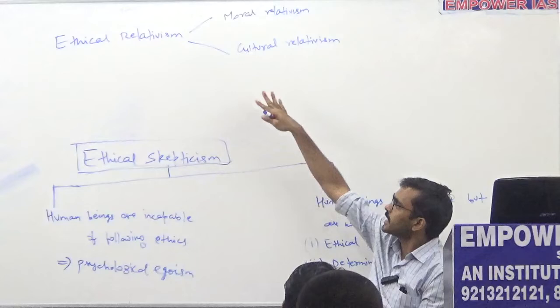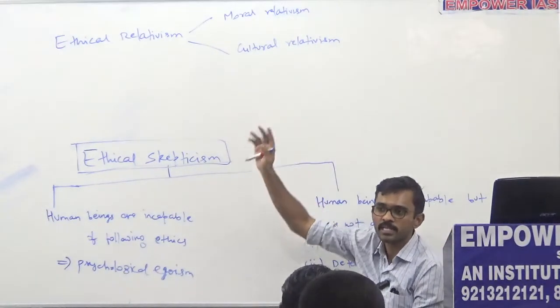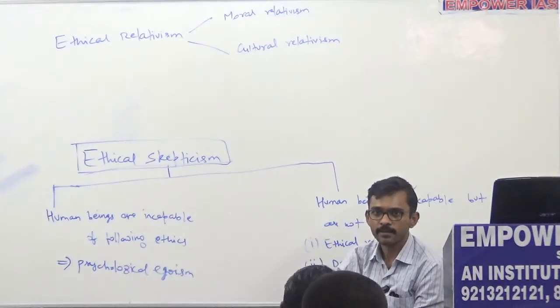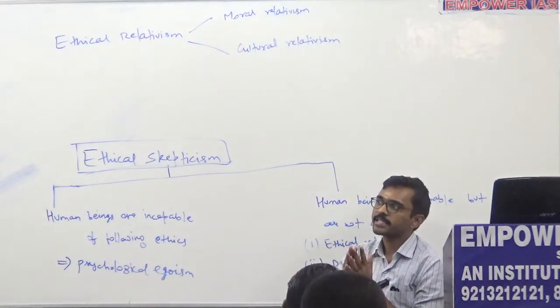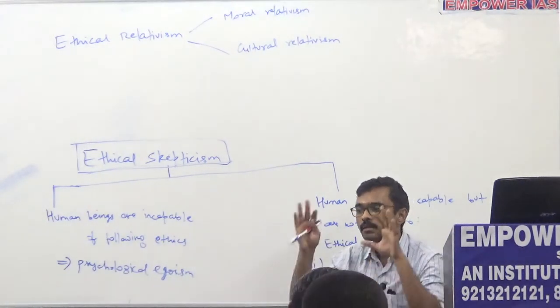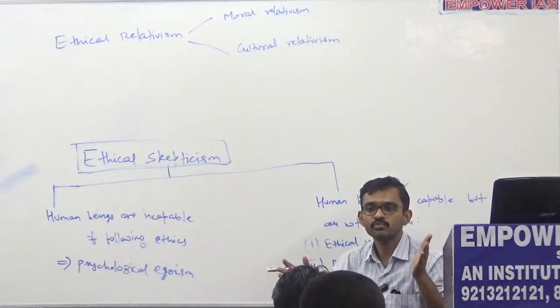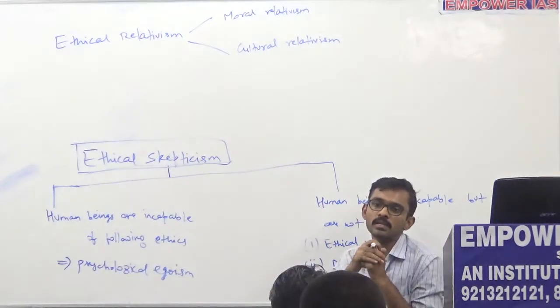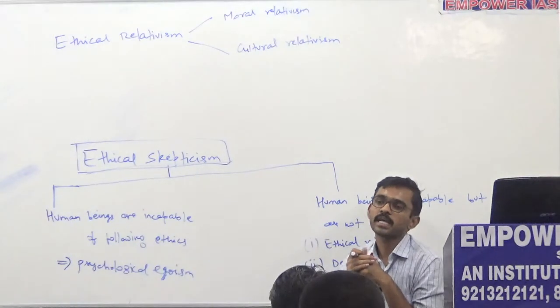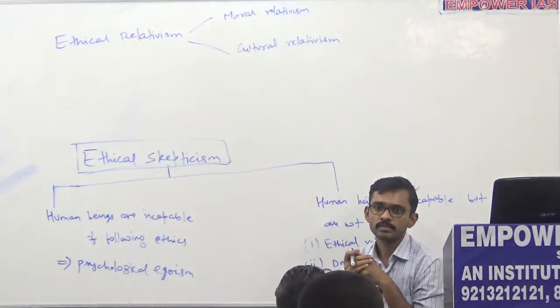So basically, in contemporary times, both cultural relativism as well as moral relativism have been rejected. While there is agreement that to an extent values differ from culture to culture and morals differ from individual to individual, at the same time there are universal values and morals that should be applied across different cultures and individuals. Clear?